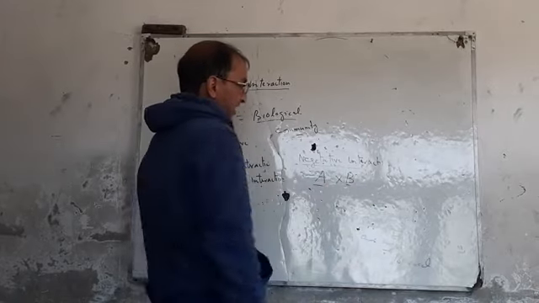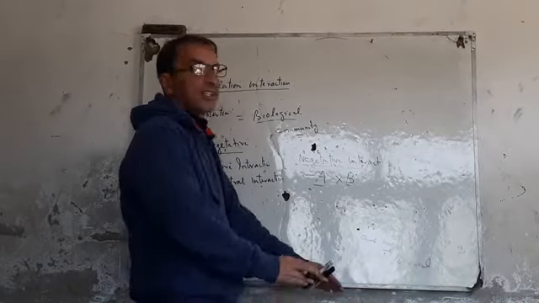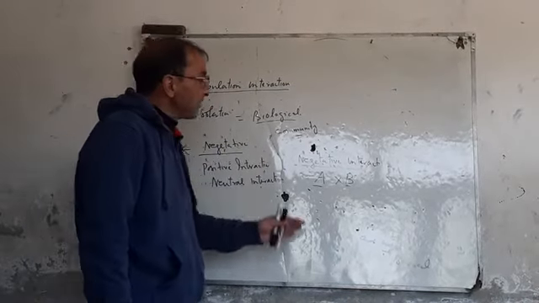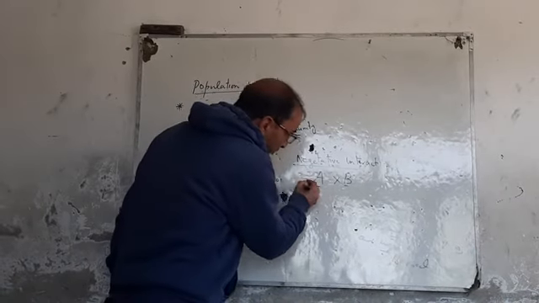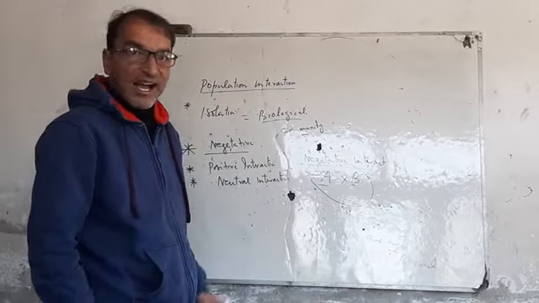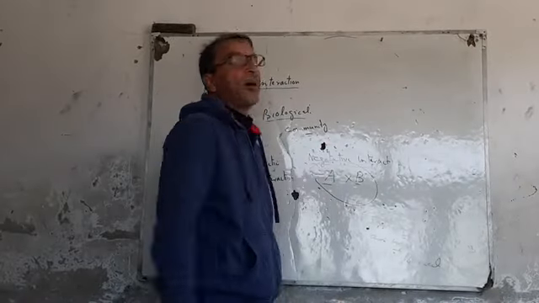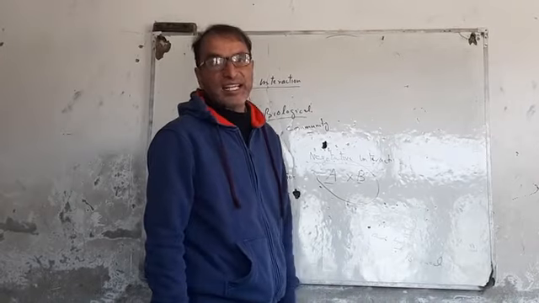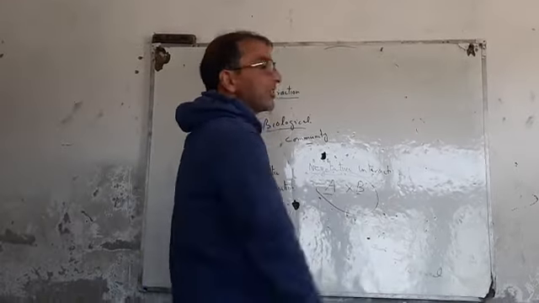They show interaction, and this interaction is negative. In this type of interaction, either both A and B will be harmed, or at least one is harmed. This is known as negative interaction.